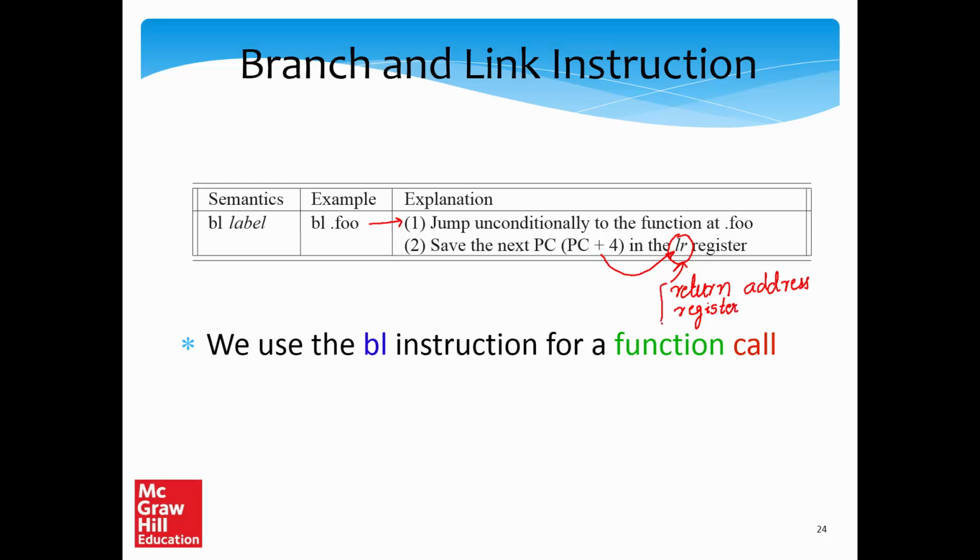This particular register over here is the return address register, and it's also called the link register. So this register will contain the value of the current PC plus 4.